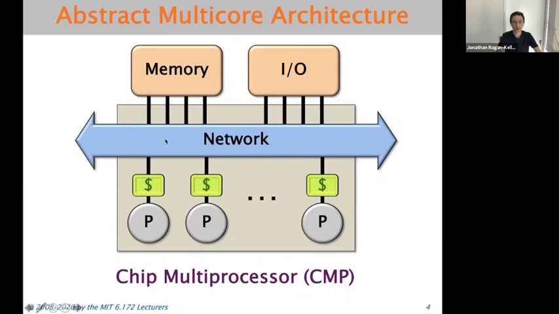For single chip machines, this is an on-chip network. It's often a lot simpler and faster than something like Ethernet or IP, but still you can effectively think of it as a network that interconnects all of the cores and other elements on our overall processor chip. And then we have some interface to memory and potentially I/O also hanging off of that.